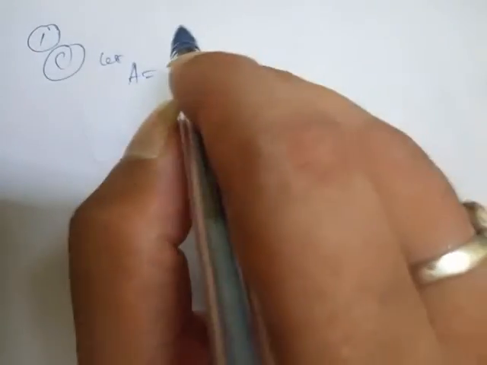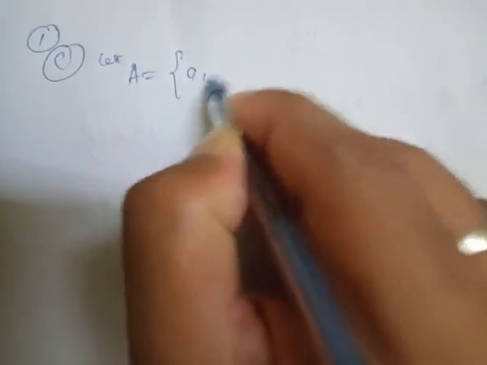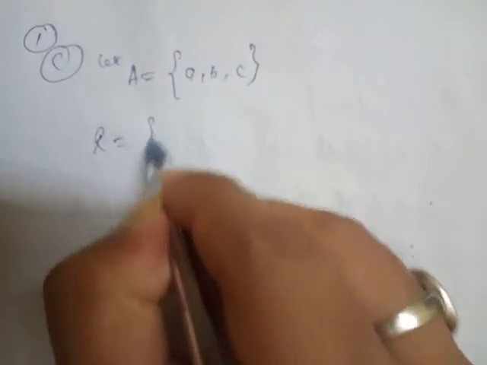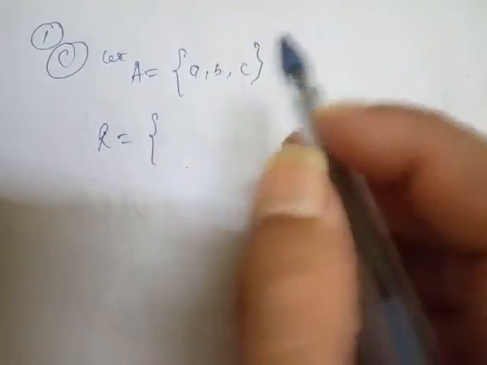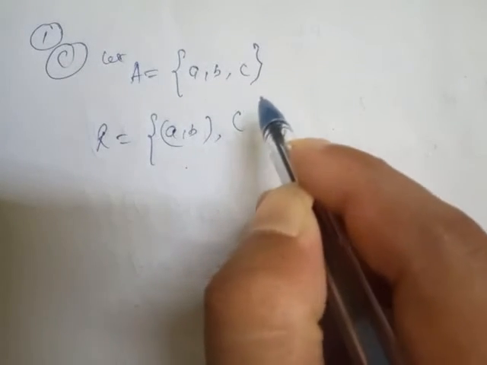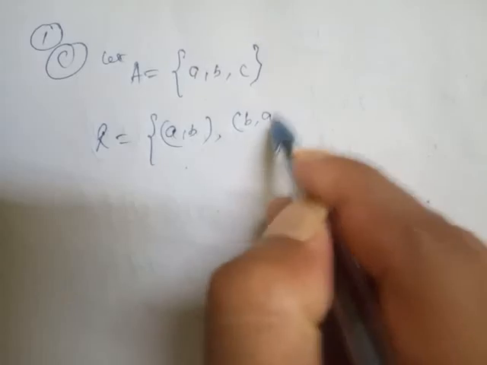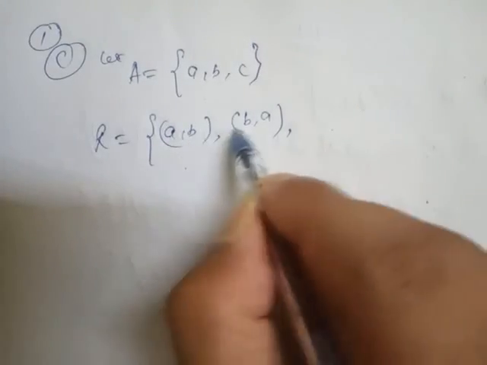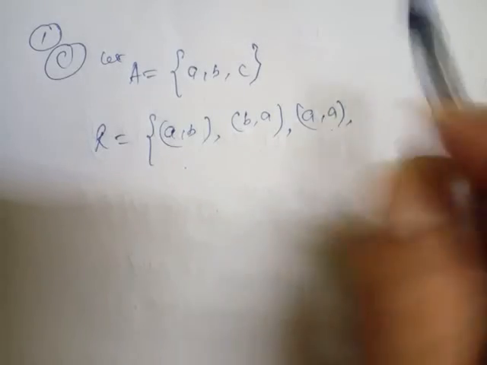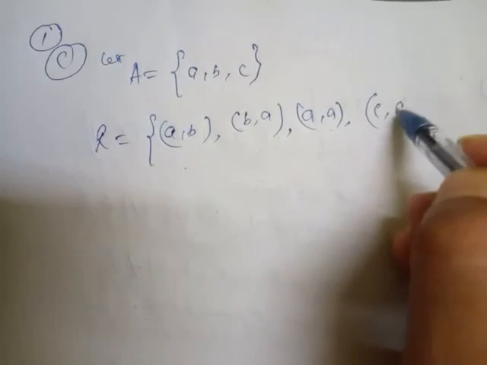Now 1C. Let A equal to the set {a, b, c}. Now the relation, for the transitive, actually, relation equal to (a, b), then (b, a), then (a, a), then the last one is (c, a).